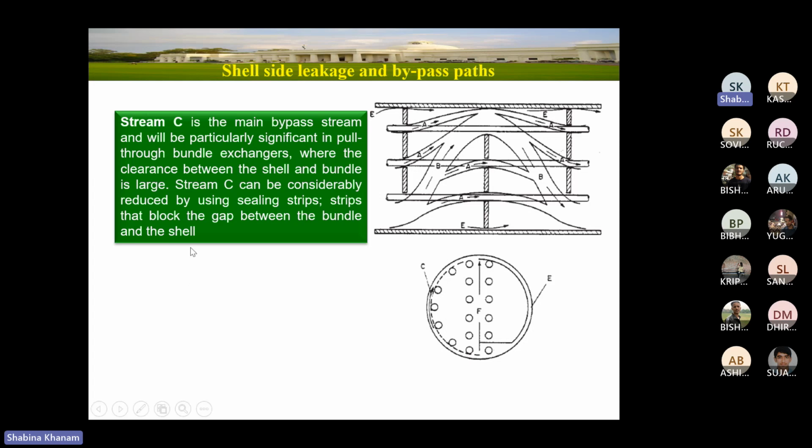Stream C can be considerably reduced by using sealing strips. What these sealing strips are, where they should be included, all that we will discuss when the time comes. So that is about the different streams we are considering on the shell side.